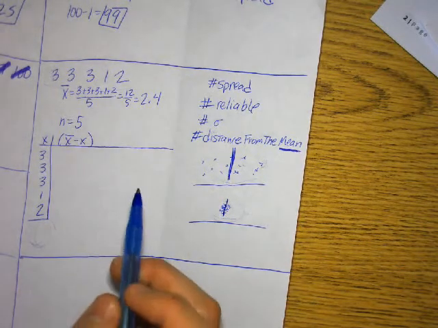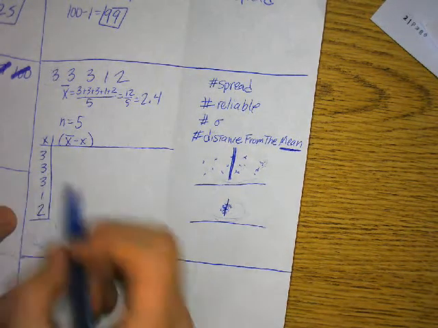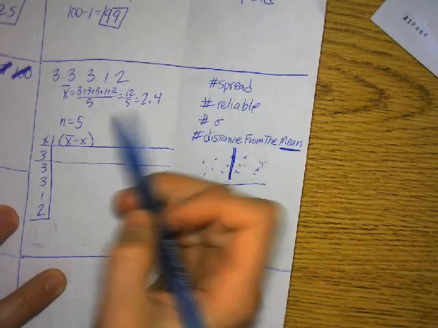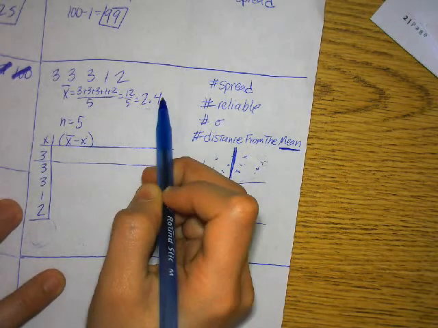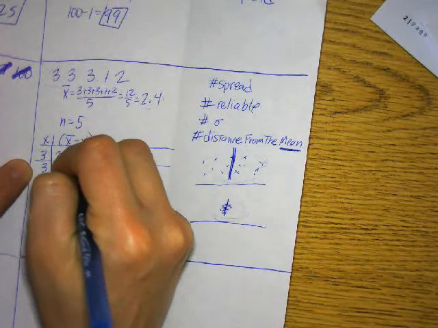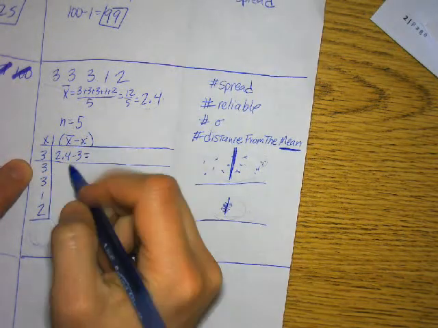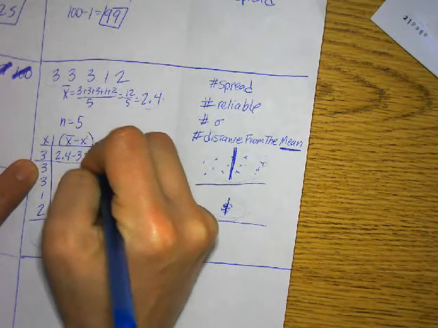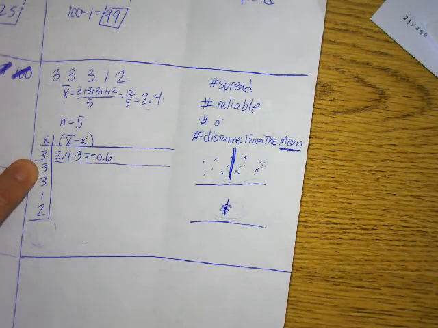What does x bar stand for? Mean. So my mean is 2.4. This x is 3, so I'm going to do 2.4 minus 3 here, which gives you negative 0.6.